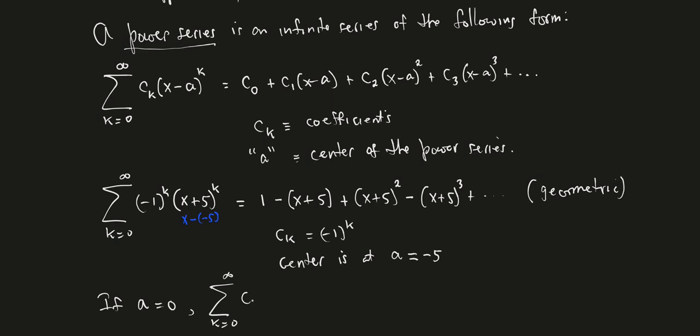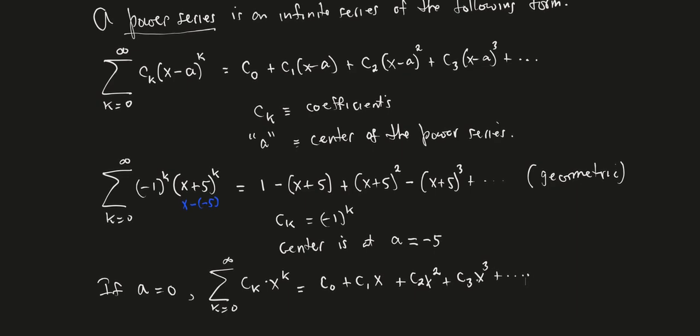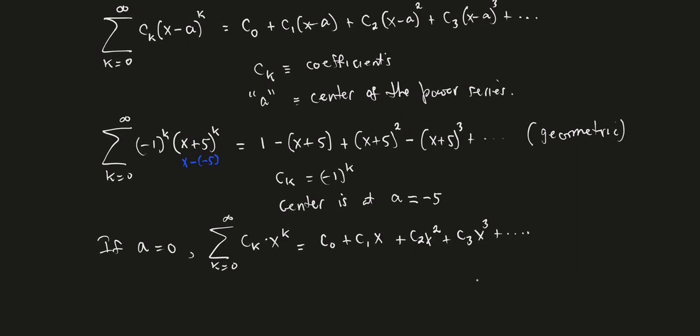And then you'd have c sub k times x to the k, and it would look like this: c sub 0 plus c sub 1 times x to the first power, and then c sub 2 times x squared plus c sub 3 times x cubed, and so on, right?